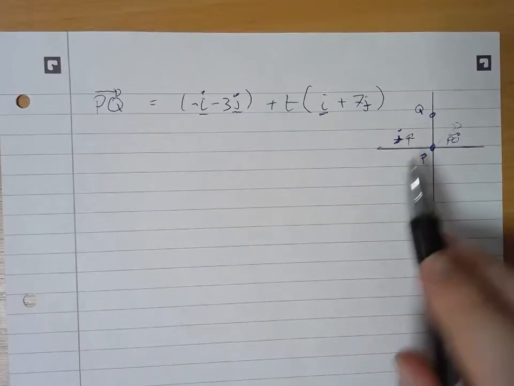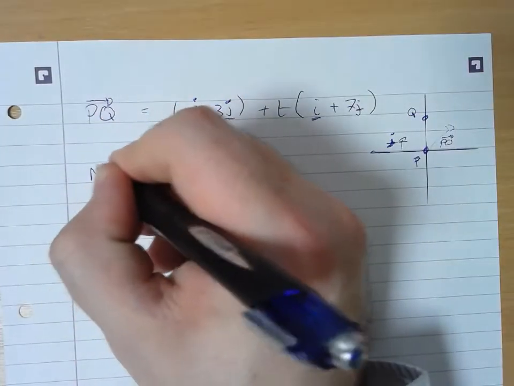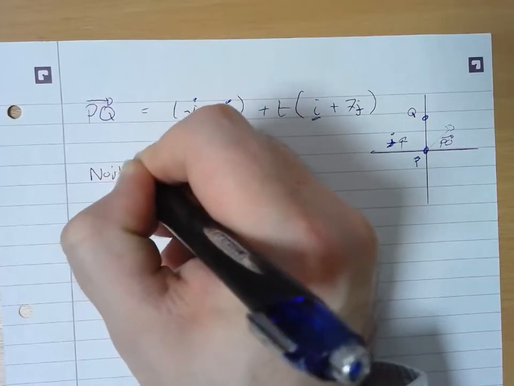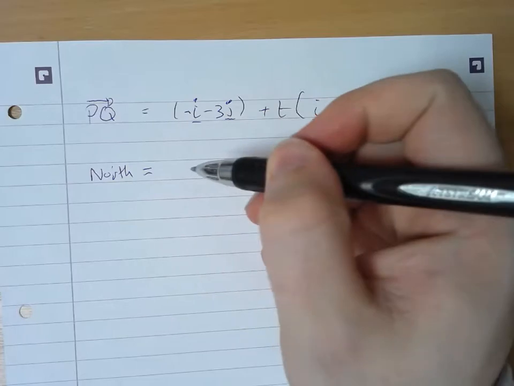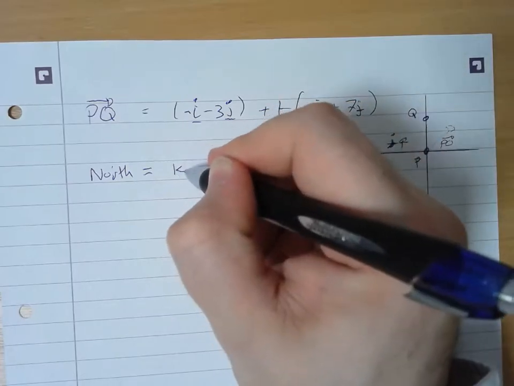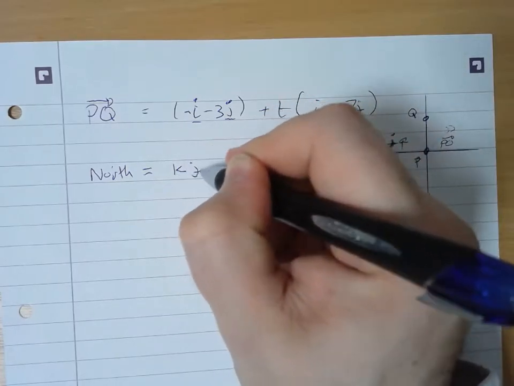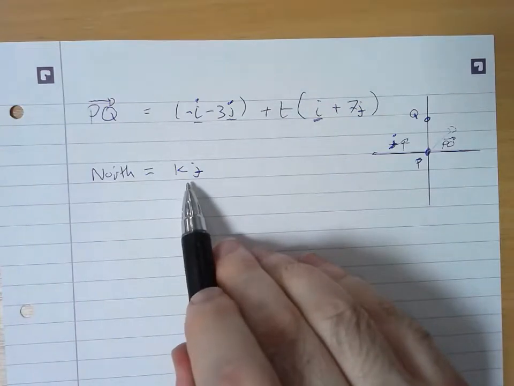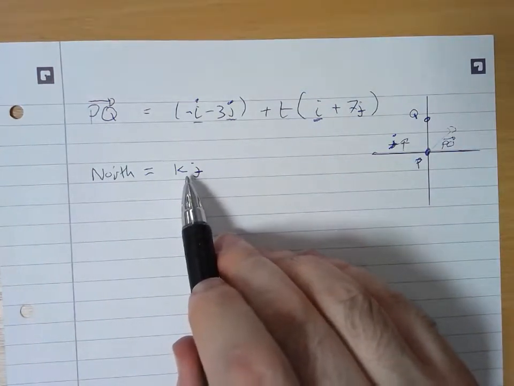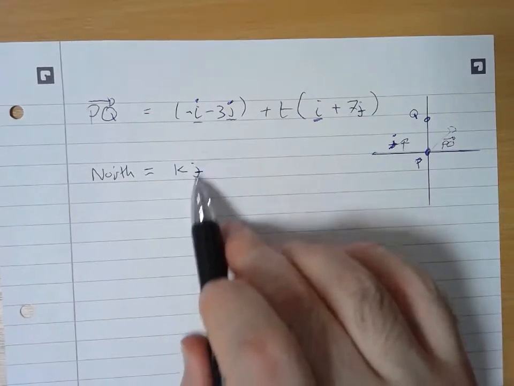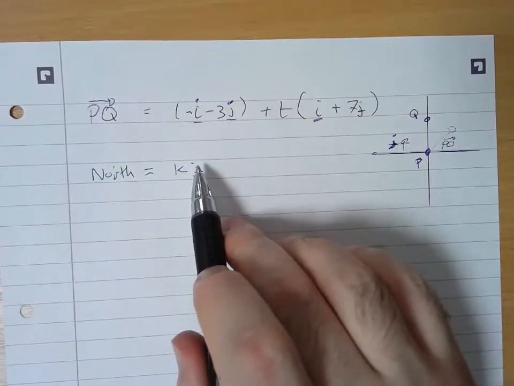So I'm going to make a note of this. It's the vector j, but it could be any amount of vector j, so I'm going to put kj, so k lots of vector j. k could be 3 or 4 or 5 or 10 or 15. Any value here makes us go in the j direction, upwards or towards north.